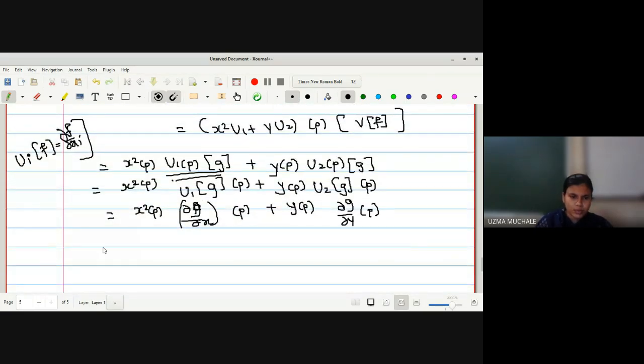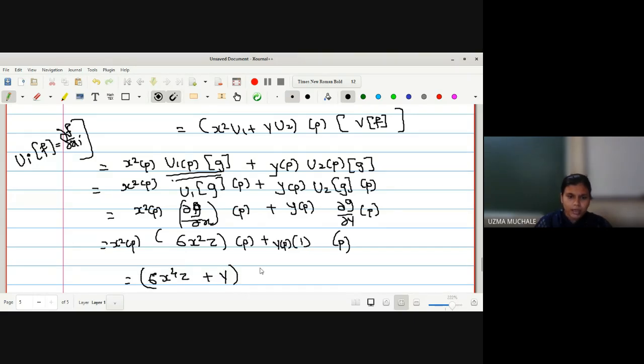That is x square at a point p, and here you get 6x square z at a point p plus the value of y at a point p, it is 1 simply. The value of g with respect to y is 1. Hence, we get the value 6x raised to 4 z plus y at a point p.